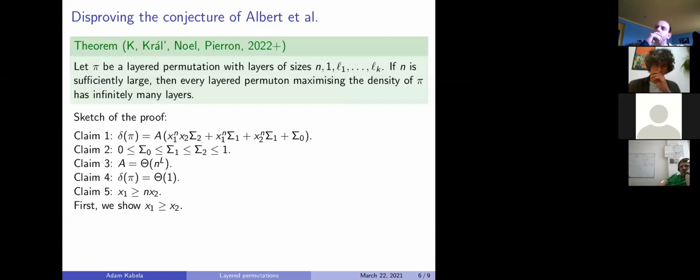Now, before swapping, it was a maximizer, right? So when we swap, the density should not increase, meaning that this quantity should not be positive.